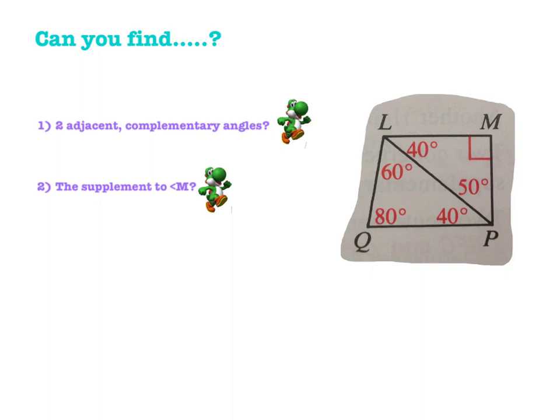Okay, so you should have done a little work here. Let's see if you can find two adjacent complementary angles. Adjacent means they're next to each other, and complementary means they add up to 90 degrees. These are adjacent, but they add up to 100 degrees. These are adjacent, and they add up to 90 degrees.